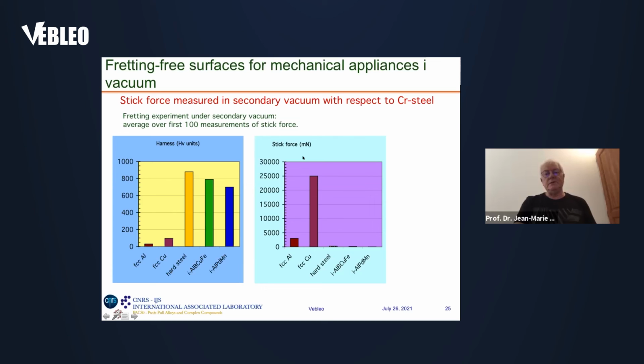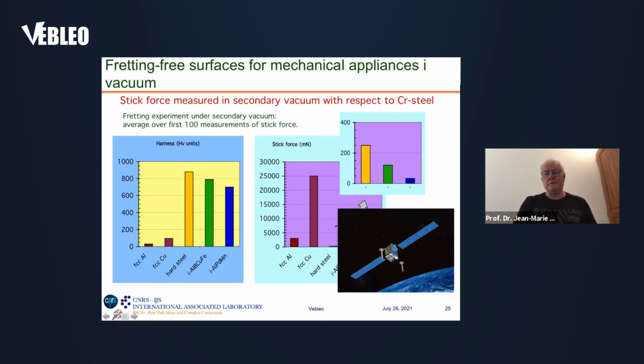And this stick force, which can be measured by fretting experiments under high vacuum, shows you that these three hard metals have stick forces varying by about an order of magnitude between steel in contact with steel and steel in contact with a quasicrystal. And of course, this is reminiscent of aerospace applications and also applications in high vacuum technologies.